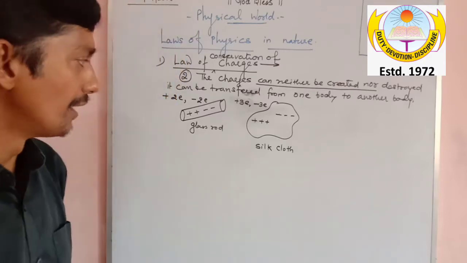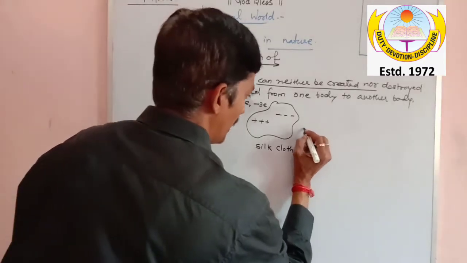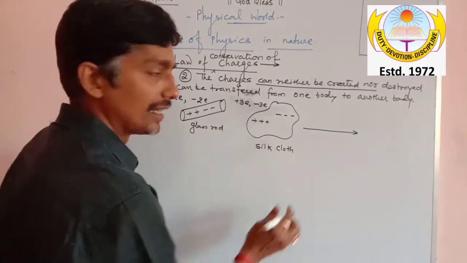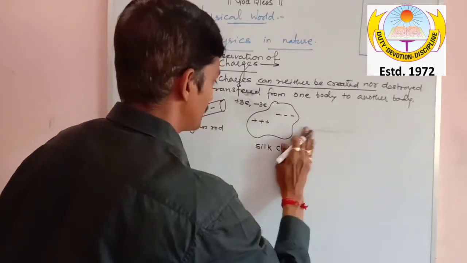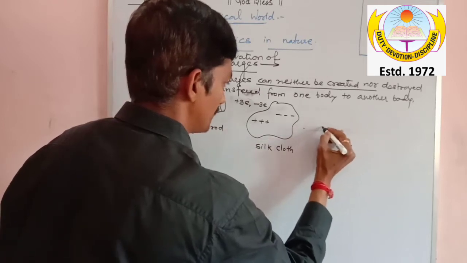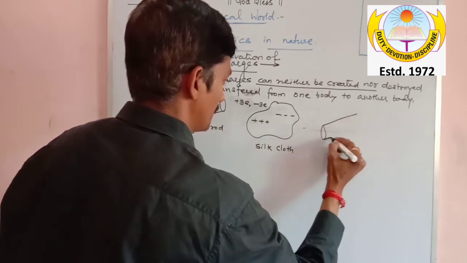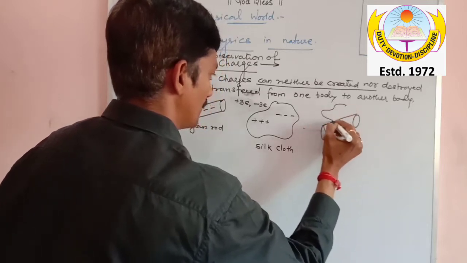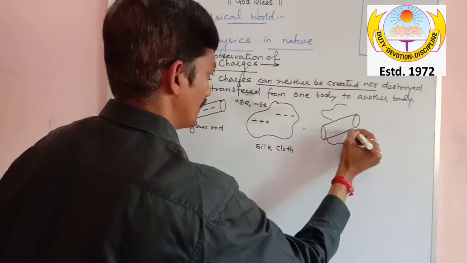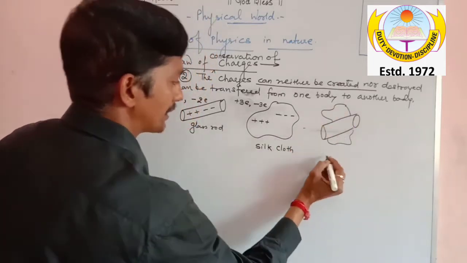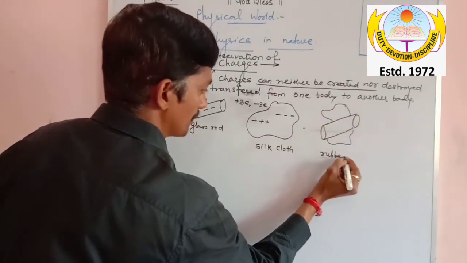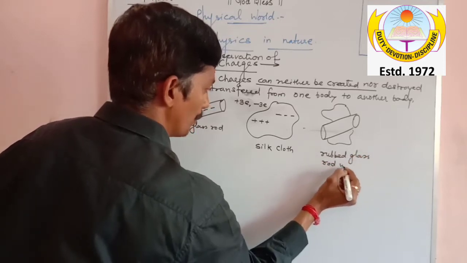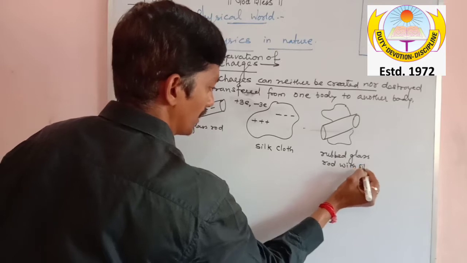Okay. Now my dear, I have taken a glass rod and I have taken silk. I rubbed this glass rod with silk.